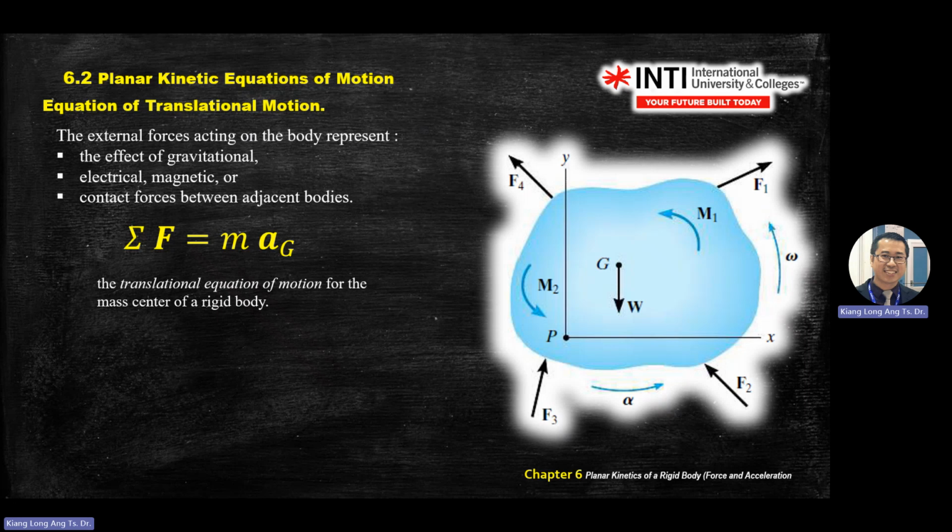So you have two diagrams. Then you calculate all the forces on the left-hand side and the acceleration on the right-hand side. Same as what you did in chapter 2, but this one is on the rigid body.